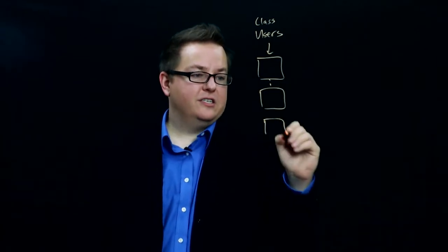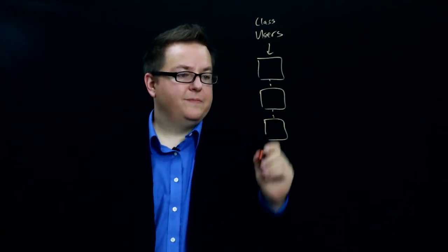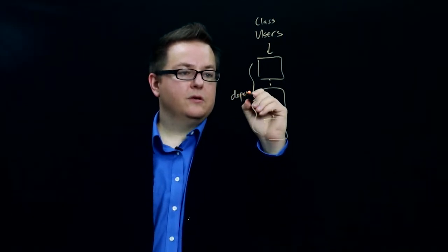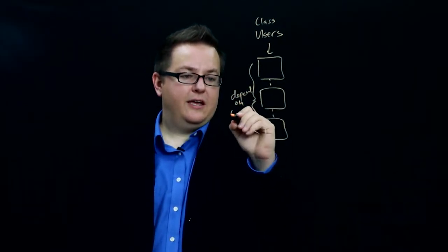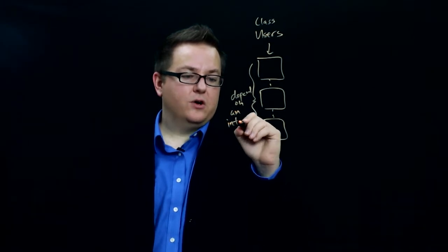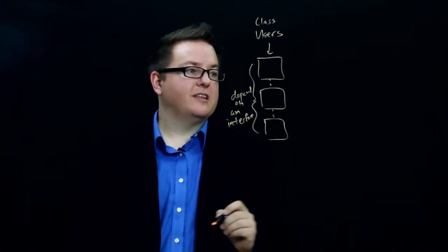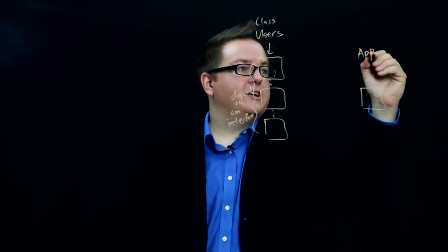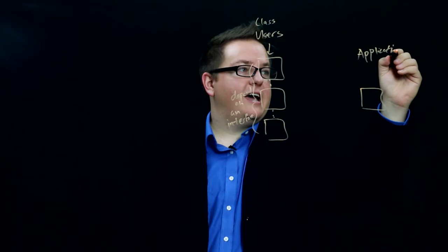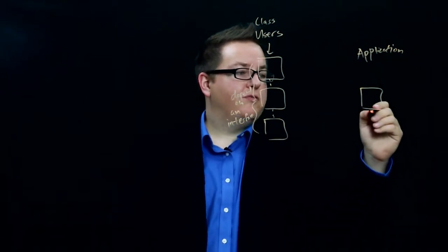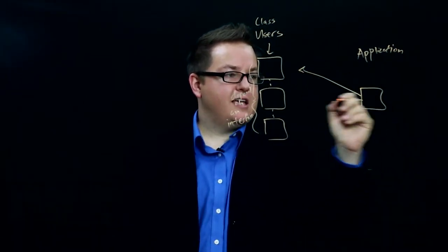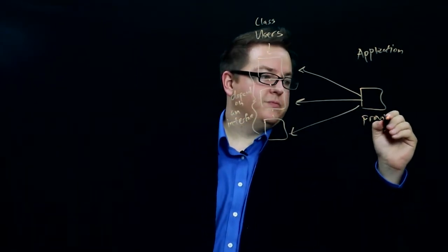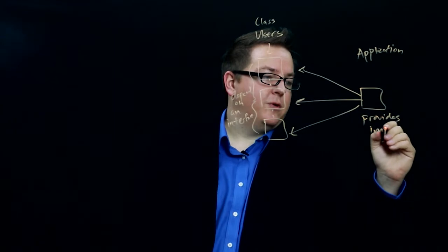So we have a series of objects that depend upon an interface or some object being provided to them. And then our application or our configuration object, because it doesn't have to be called application, provides the actual implementation that gets used at runtime.